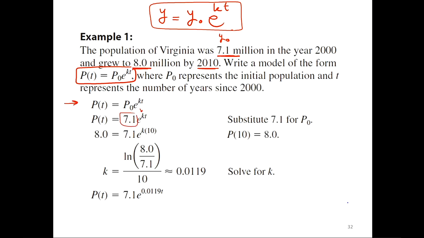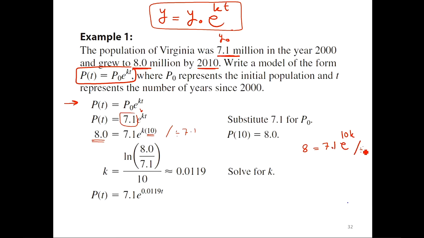How can we find the k? From another given value in the future. For example, we have 8 million after 10 years, from the year 2000 to the year 2010. So we have 8 equals 7.1 e to the power 10k.